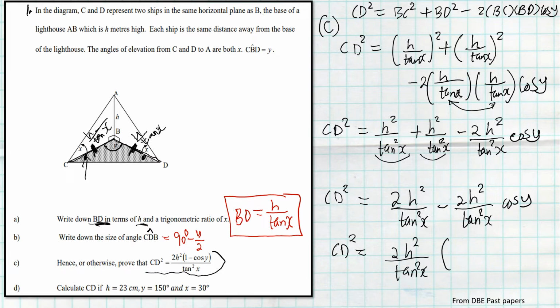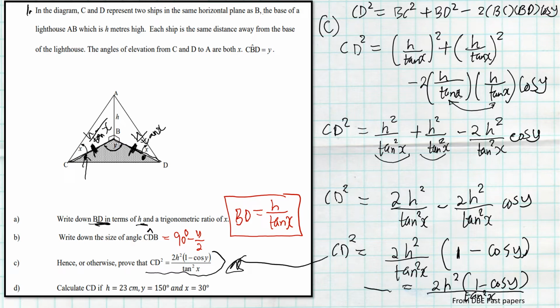We are left with 1 minus cos y. We've just proven that indeed CD squared is equal to 2h squared into 1 minus cos y, all divided by tan squared x. So it's basically the same as what we had to prove.